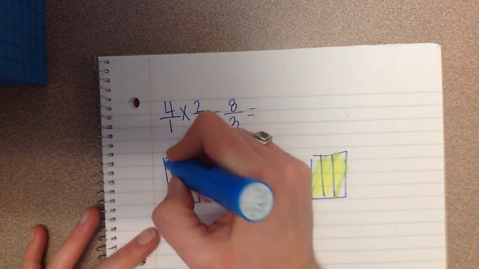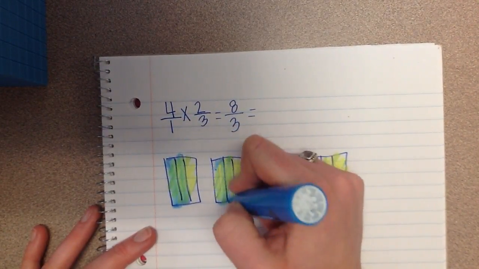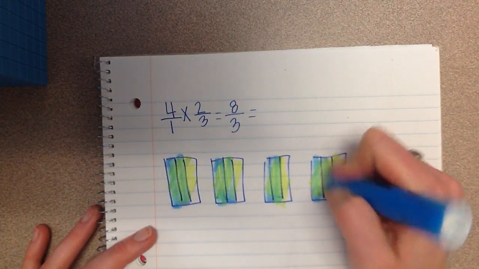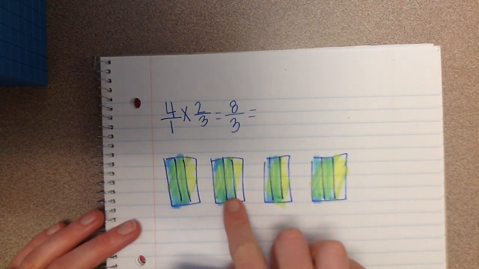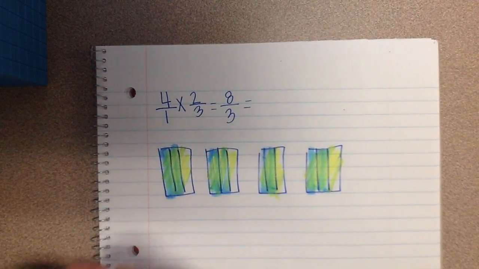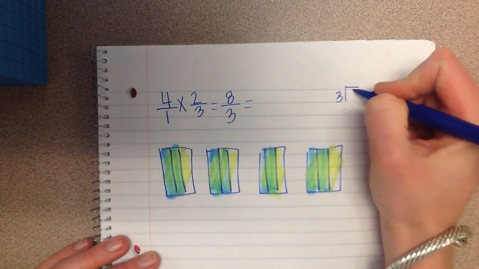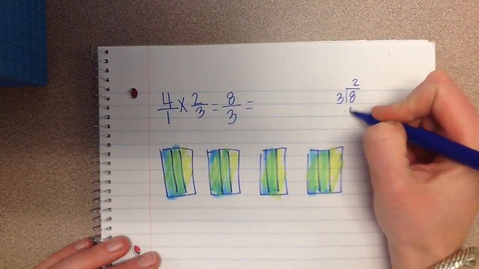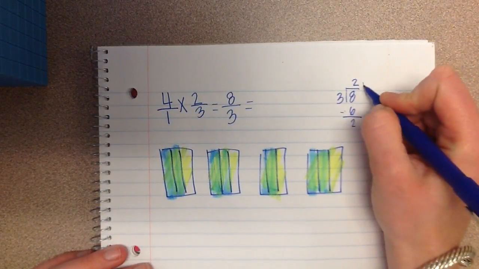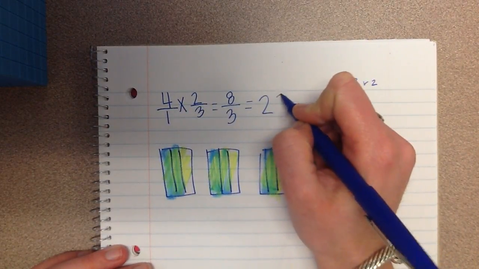And I color in 2/3. We have 1, 2, 3, 4, 5, 6, 7, 8. We have 8, and they're broken into thirds. So when I simplify that, if I do 3 into 8, I get 2, remainder 2. So I get 2 and 2/3.